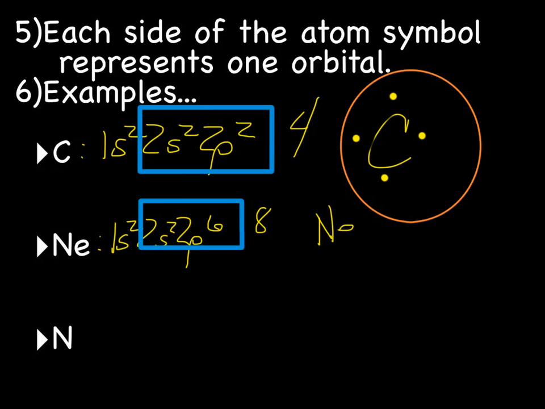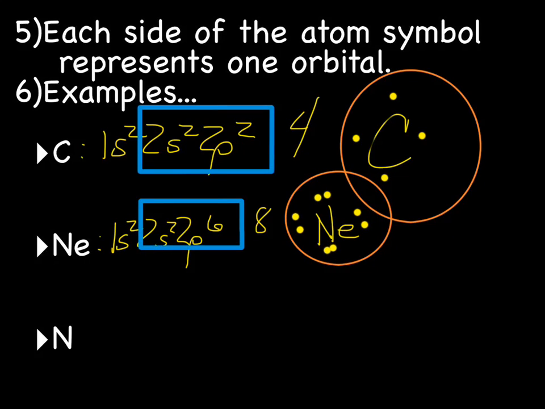So for neon, we'll start. It doesn't really matter where you start putting the electrons, just as long as you put 1 in each imaginary orbital first. Okay, and now we have 4, so now we need 4 more. We can go back and pair them up. And that is the orbital diagram for neon.